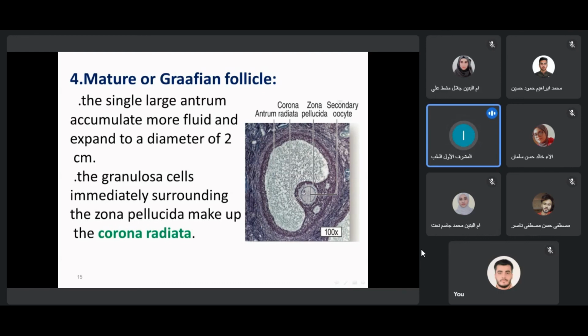We said the primordial follicle contains the primary oocyte that is arrested at the first meiotic division. Until puberty and under hormonal influence, the primary oocyte will remain in this stage until just before ovulation. The primary oocyte will then continue the first meiotic division, forming the secondary oocyte. So this secondary stage happens just before ovulation.